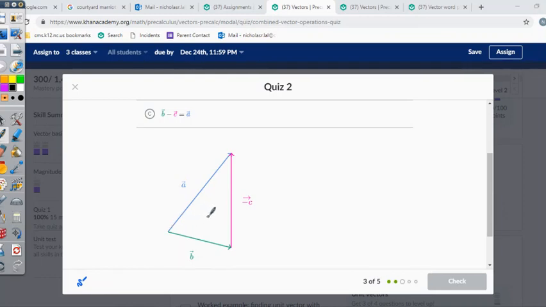So with that being the case, you would take vector B and instead draw it at this point.